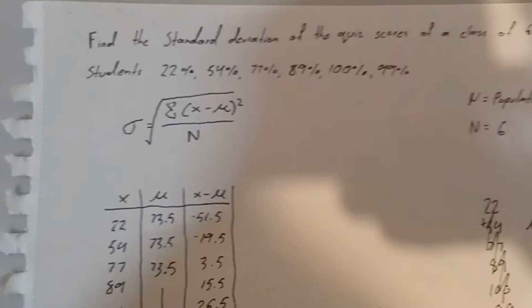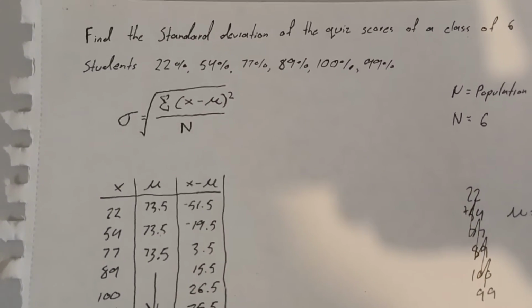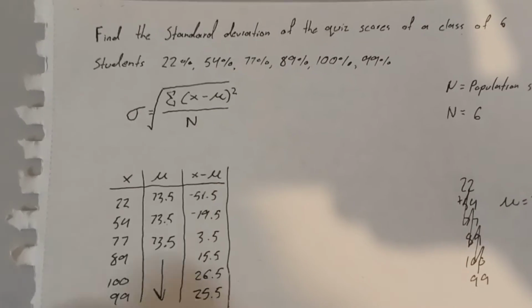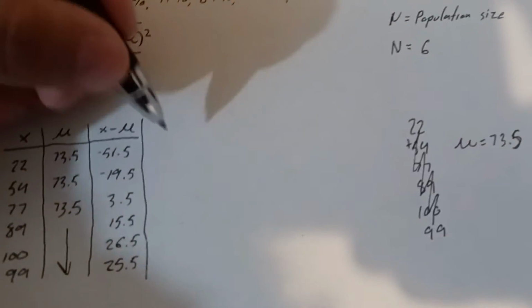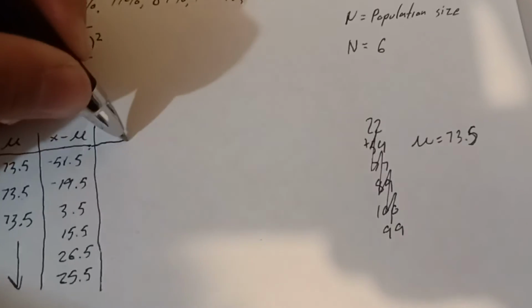Now, since this is our third column, we're going to have to separate it. Now our fourth column, since our equation is asking us for the sum of x minus the mu squared, we're going to do x minus mu squared. So this is what our fourth column is going to look like.